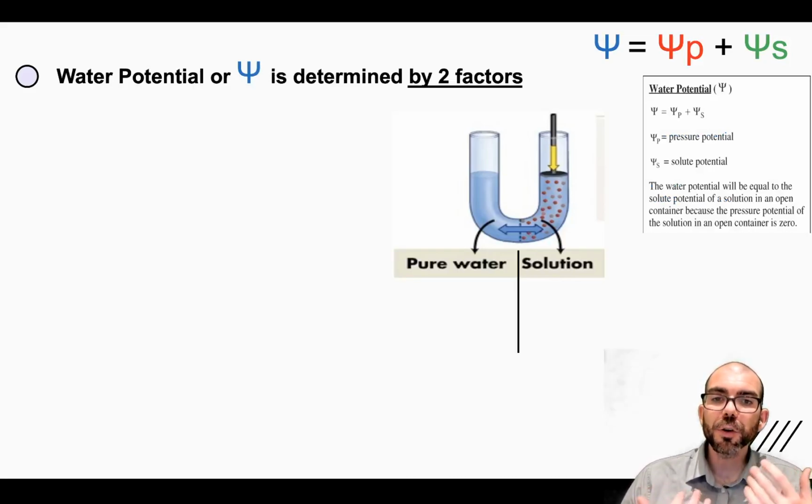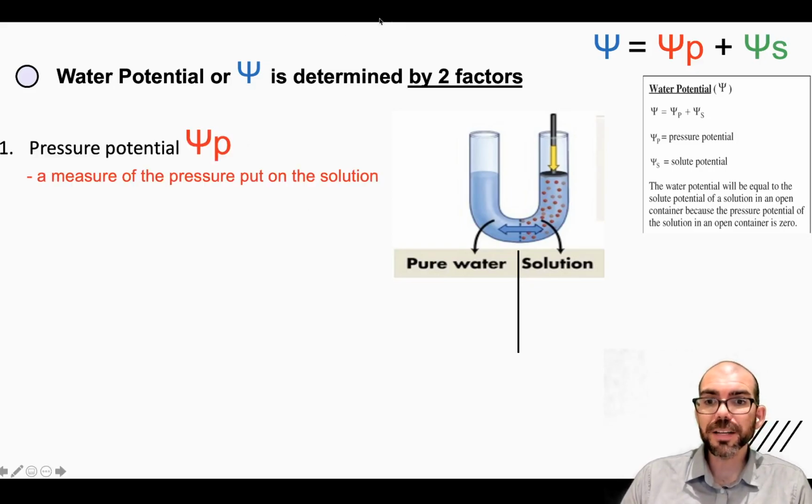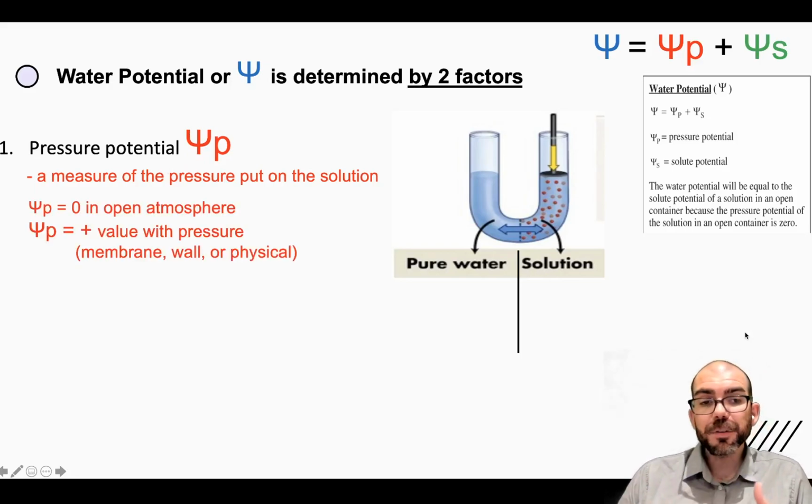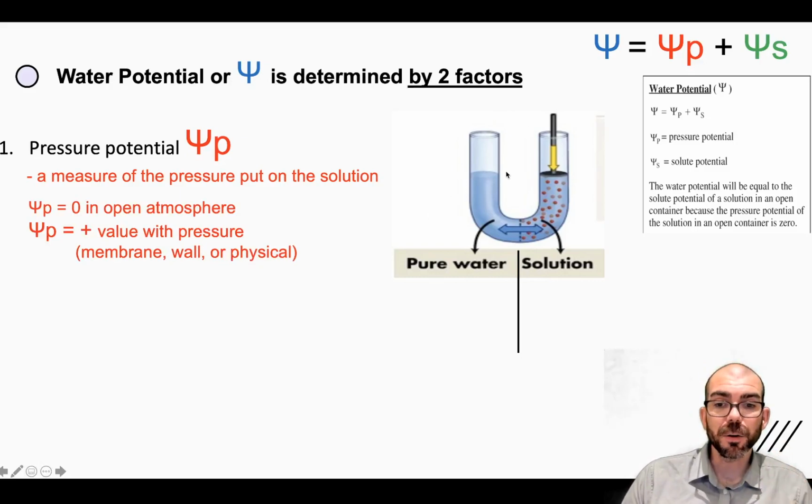So water potential, or Ψ, is determined by two factors. The first one is the pressure potential. This is just a measure of the pressure that's being put on a system. If there is no pressure being put on the system, like right here, it's just an open container, the pressure potential is 0.